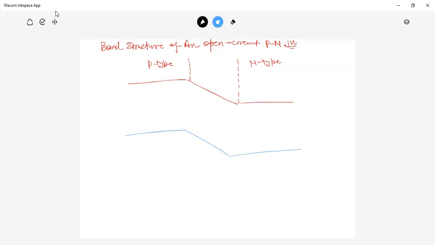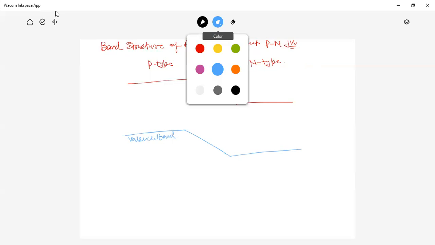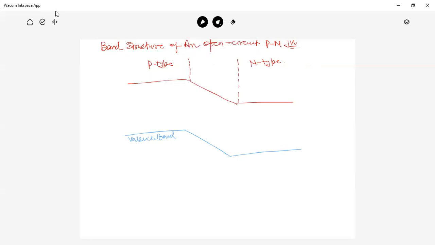This is the valence band. And this one is the Fermi level.